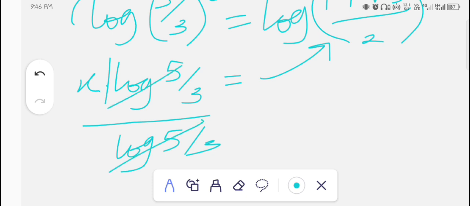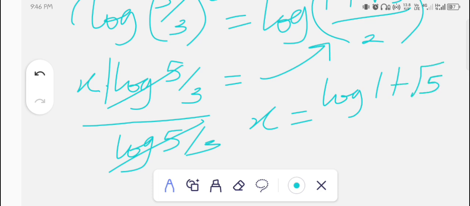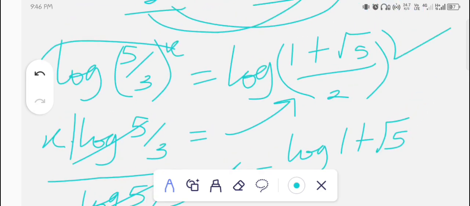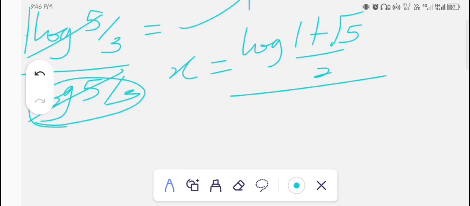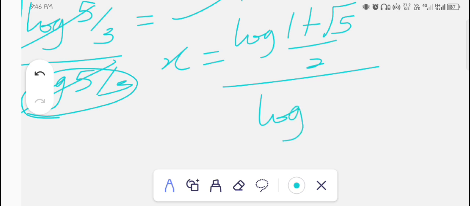And this cancels out so that x finally becomes the logarithm of 1 plus the root of 5 upon 2, then divided by, remember we're to divide both sides, the logarithm of 5 over 3. So here we see the first value of x, which is x1. Are we there? Very good.